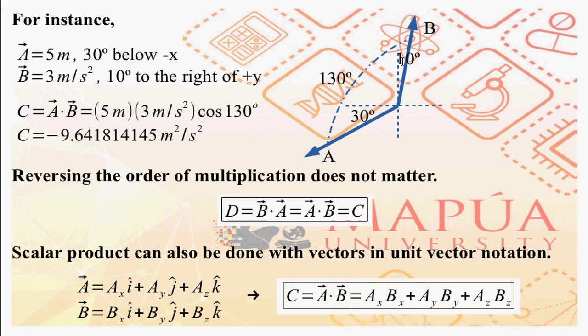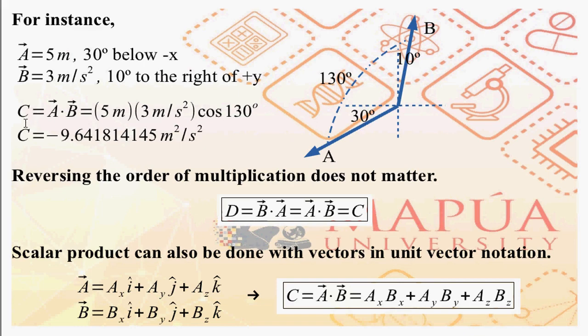Vector B, 10 degrees to the right of positive y. Draw them tail to tail, or connect the tails of the two vectors together, and you'll be able to determine the angle between the orientations of the two vectors. The angle between A and B: 30 plus 90 plus 10 degrees will give you 130 degrees.